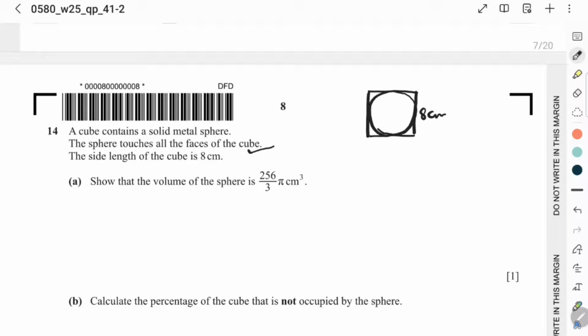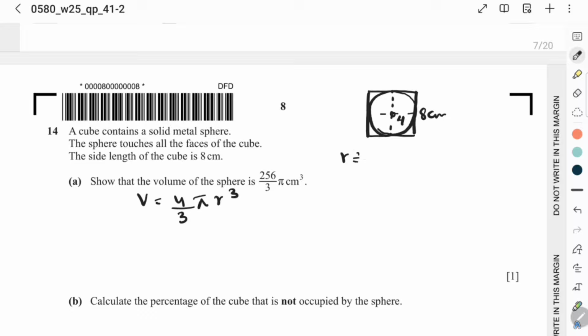Okay, so we have to show in part A that the volume of the sphere is 256 pi cubic centimeter. So here the volume of the sphere is 4 over 3 pi r cube. And what is the radius? When this is 8, obviously this is also 8 and the radius will be equal to 4.